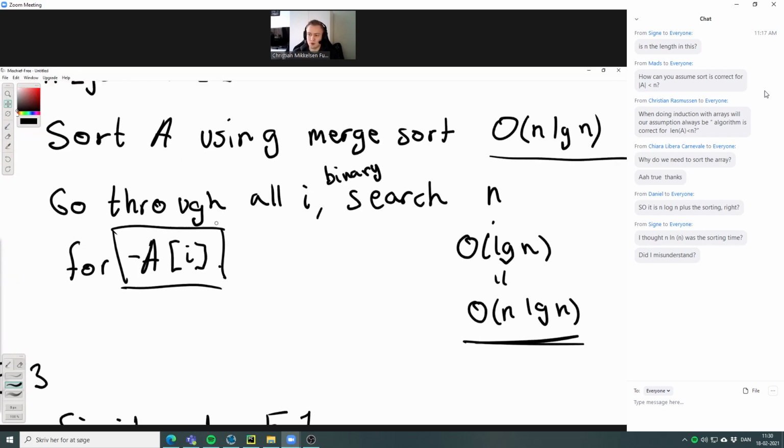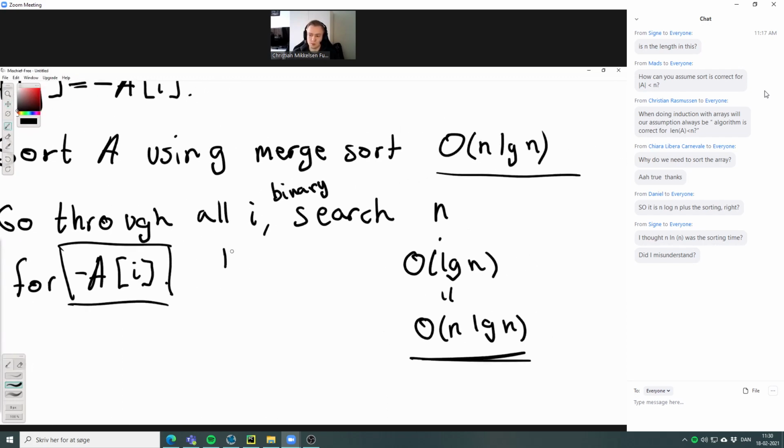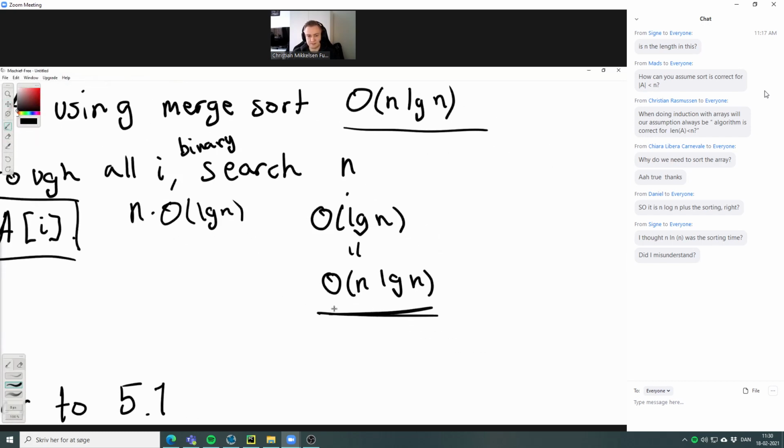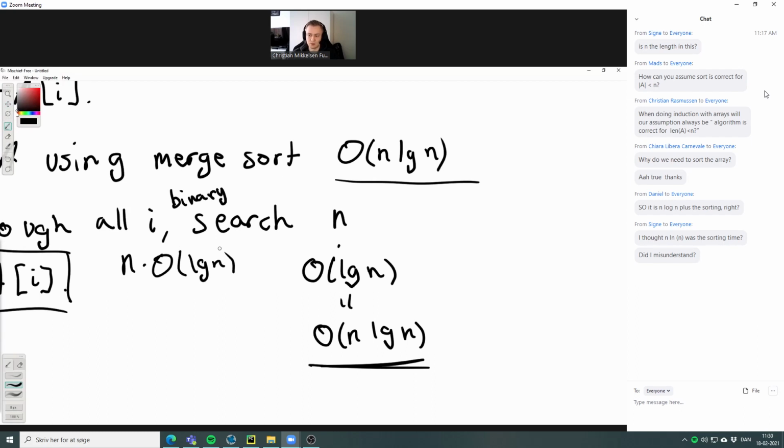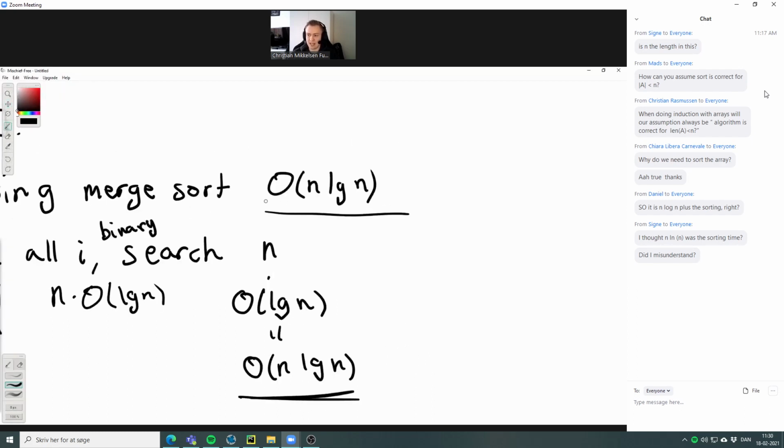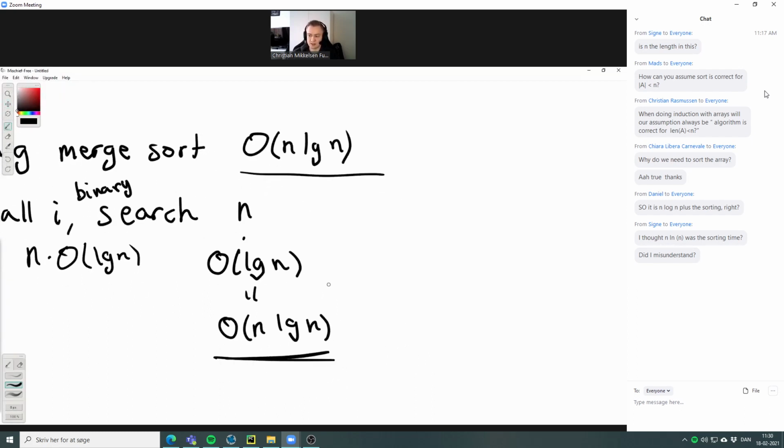For example, going through all i, we do that n times, and for each of these i's, we do a binary search, which takes exactly log n time, right? And so when we sum all these together, we get n log n in the end. So both searching through with all i and sorting the array take n log n.